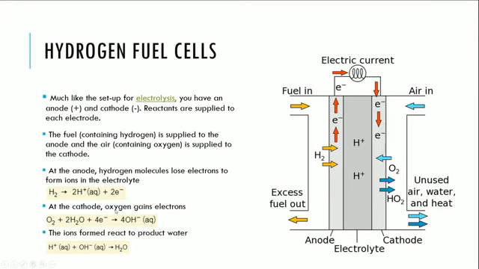So these reactions are something that you should memorize. And so what then happens is in the electrolyte, the hydrogen ions and the hydroxide ions react to form water. And that in itself is an exothermic reaction and therefore releases heat, which supplies the energy, which is the whole point of the fuel cell.